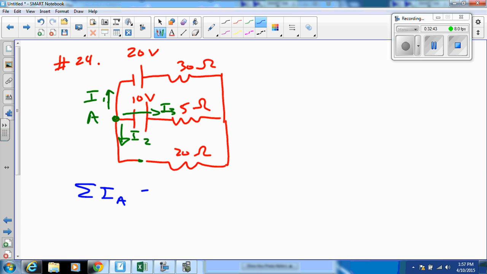What is the sum of my currents at node A? I1 taken as negative, and I2 going down.